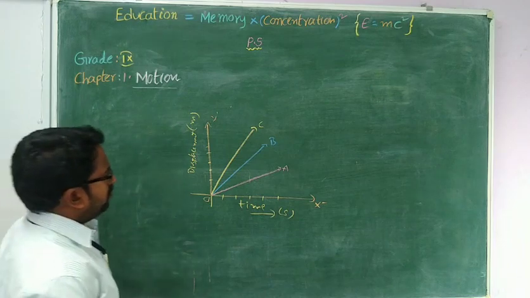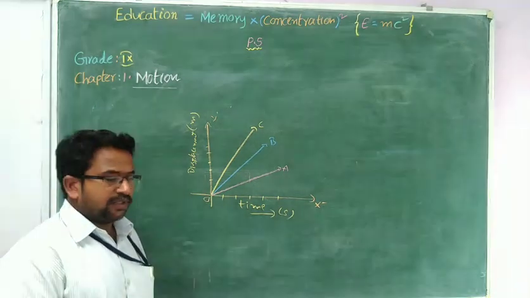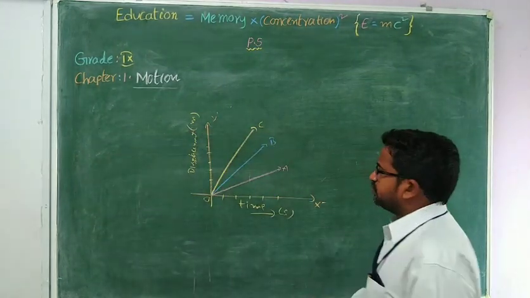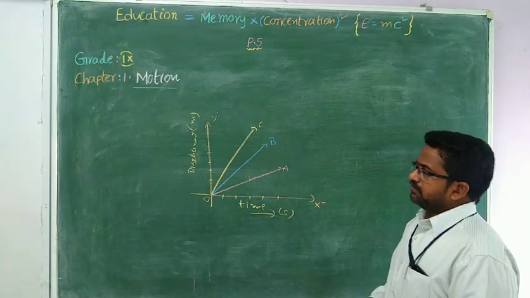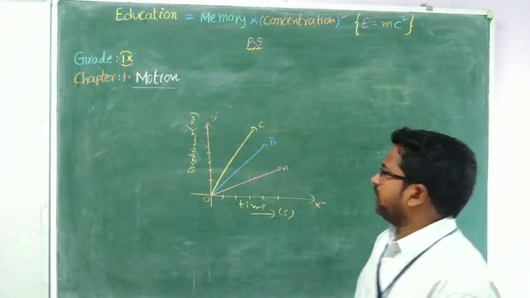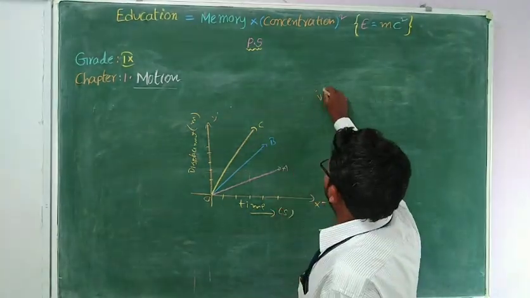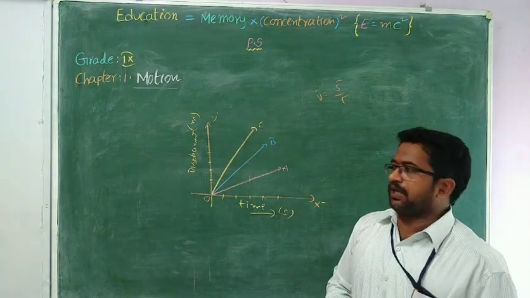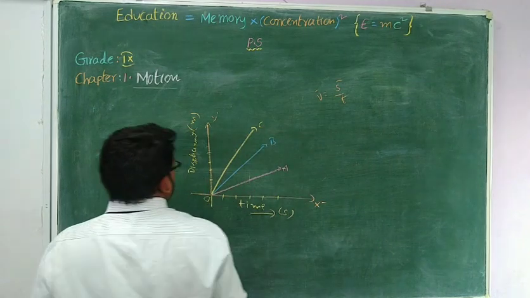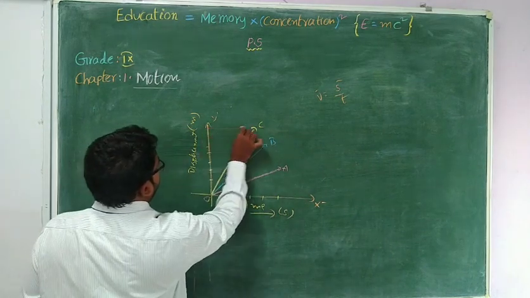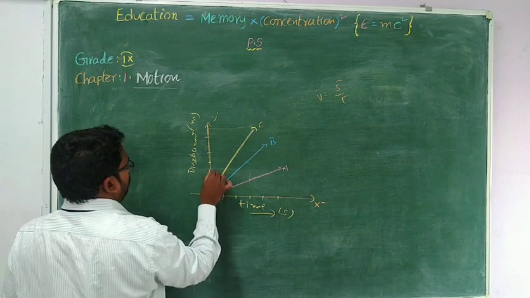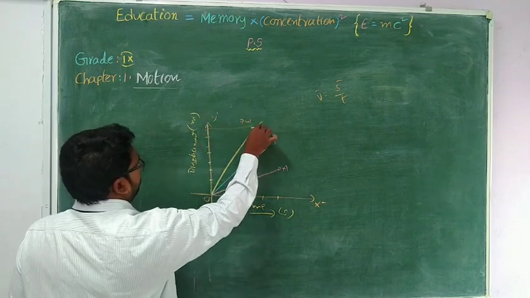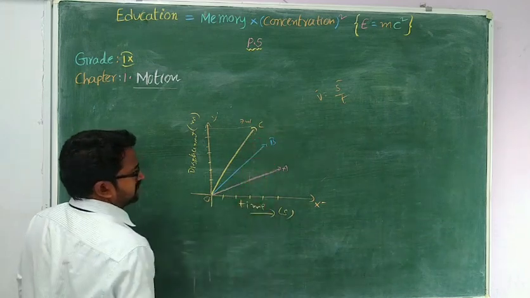Now the question may be asked like this: which object out of A, B, C is going with maximum speed? How can you say by speed or velocity? What is velocity? Displacement by time. See here, displacement of C is approximately 7 meters in 3 seconds.